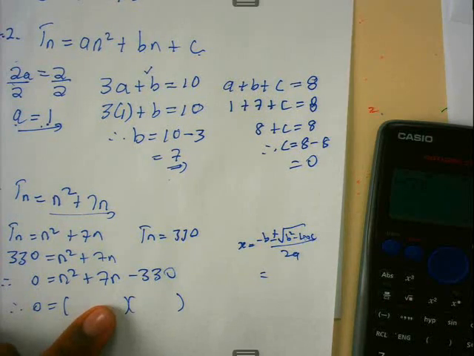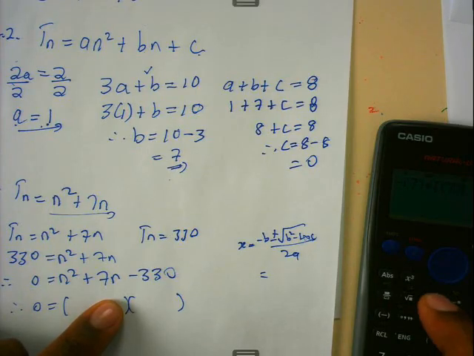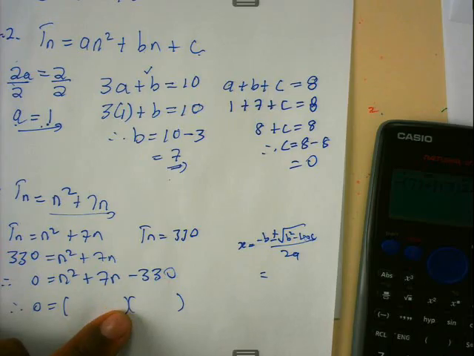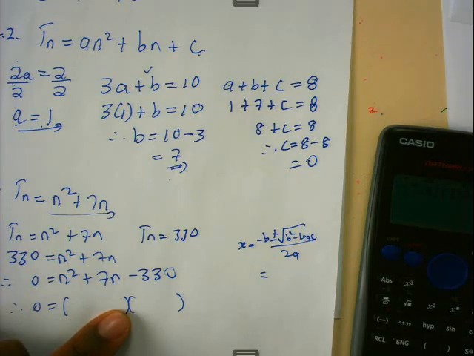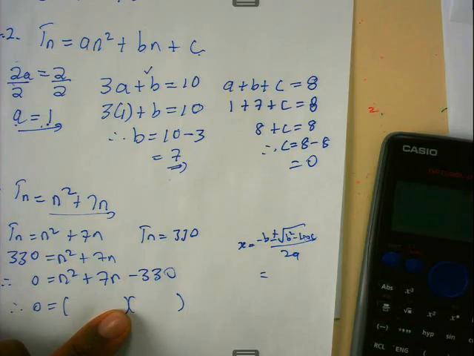Now, immediately after this one, we have plus or minus the square root of b squared. What is b? It is 7 squared, right? 7 squared minus 4 multiplied by 1, then multiply by 330. Now the answer there, it can't be like this one.